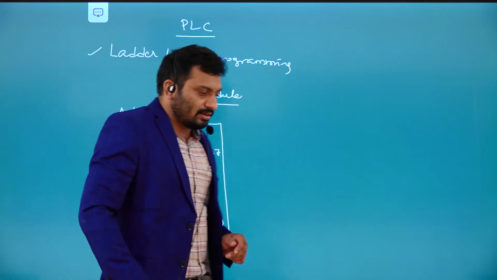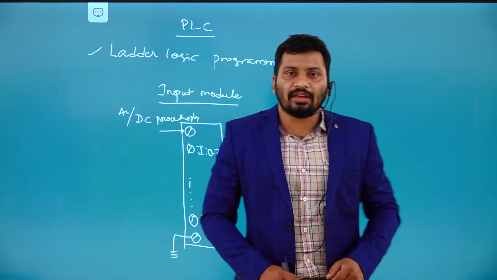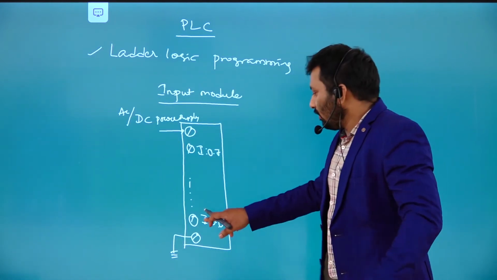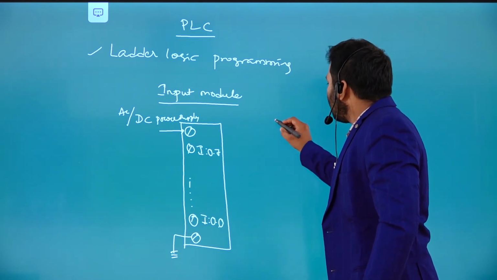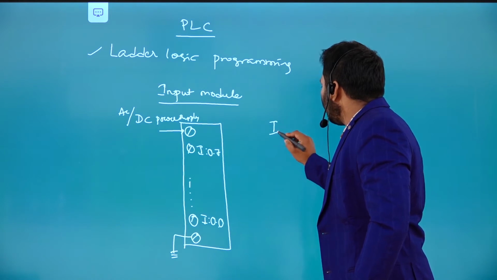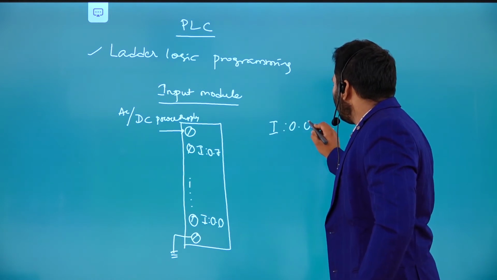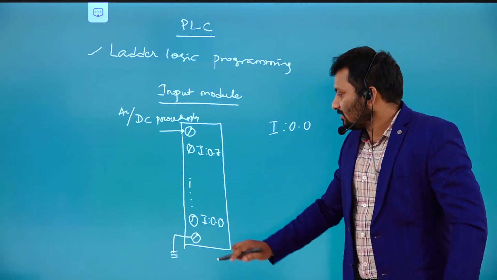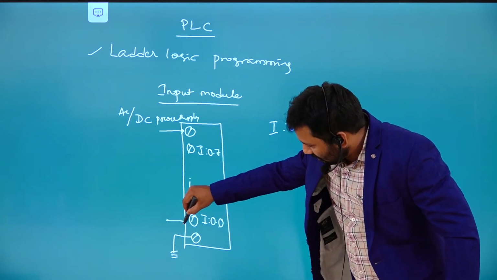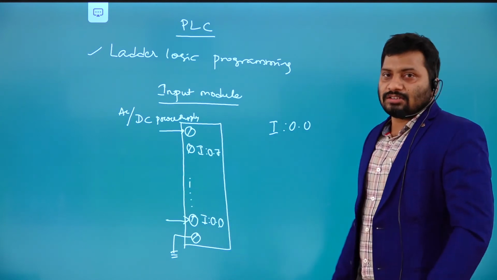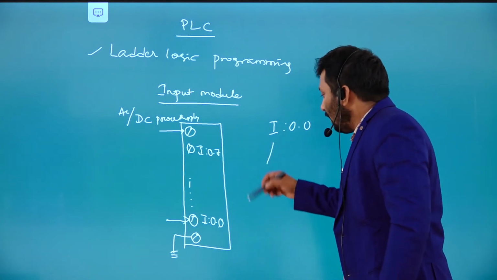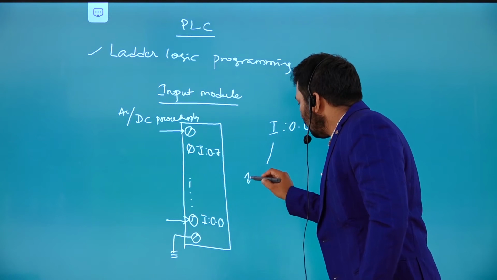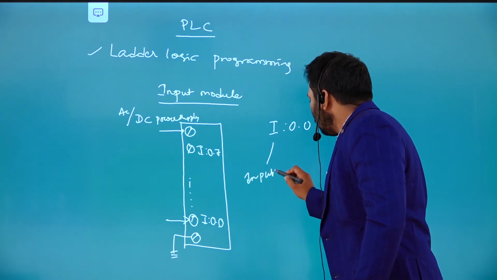Why I am going to stress this is that, for one terminal address you just consider, for example, this terminal, 0, 0, right? So this is the address of the first terminal. This is the first terminal input address. What does this indicate? This is the input signal.